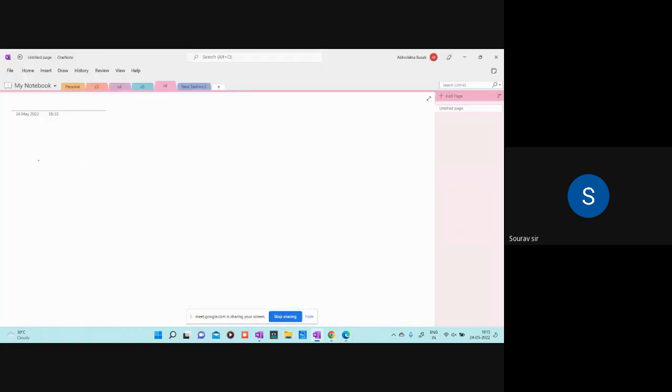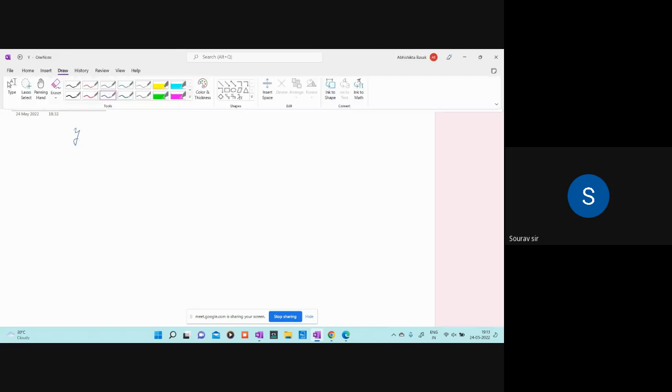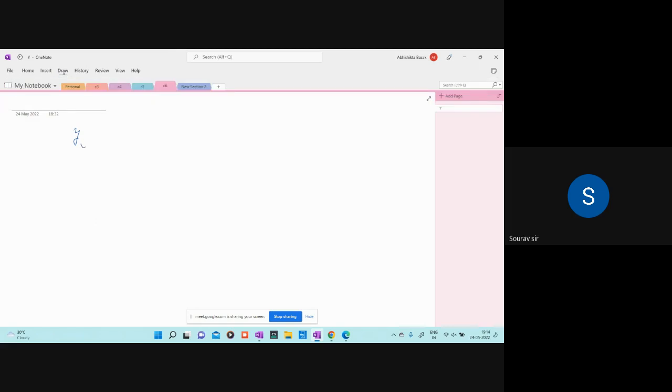Okay, I am showing you how to do this. The model is basically y_ij equals mu plus tau_i plus e_ij, where i runs from 1 to 2 and j runs from 1 to 2.